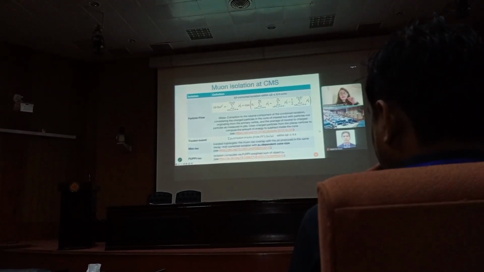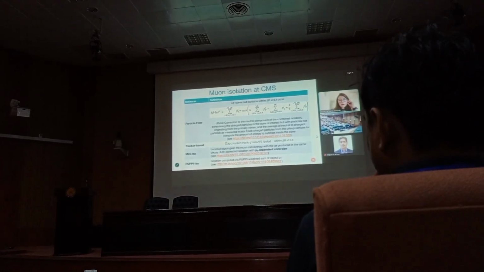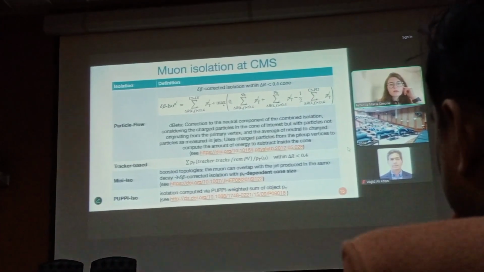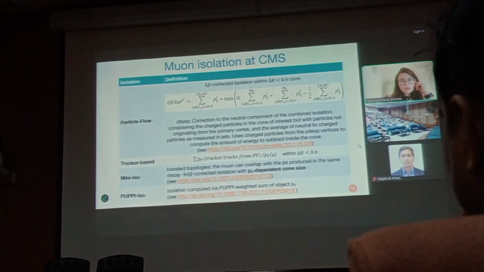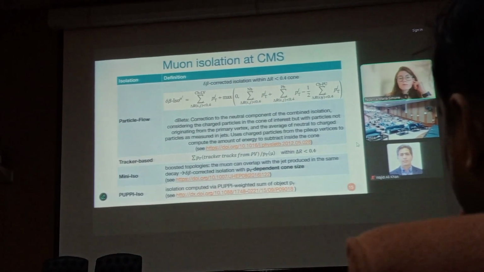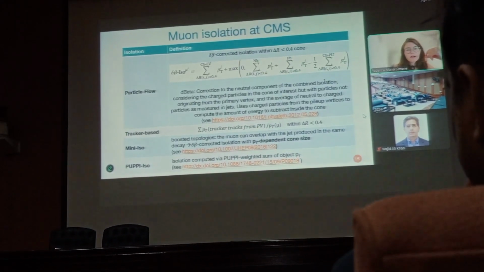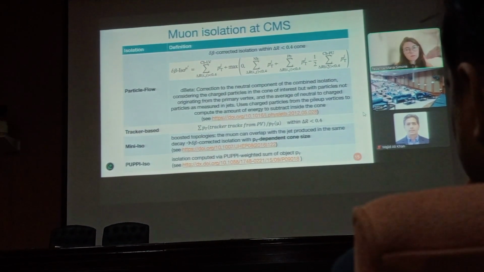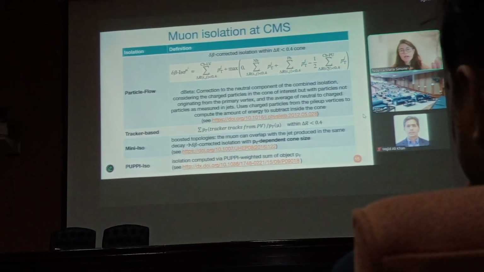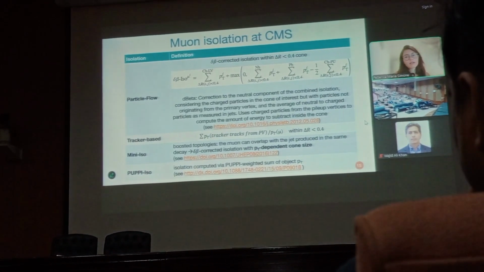The idea is that you not only take into account charged particles, but you also take into account neutral particles, photons, and you subtract a contribution, half of the amount of the charged particles, which corresponds to the pile-up contamination. This is motivated by isospin symmetry, because you assume the ratio of charged to neutral pions to be 2.